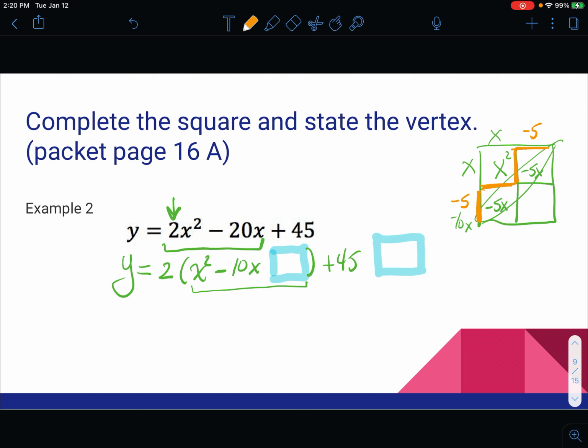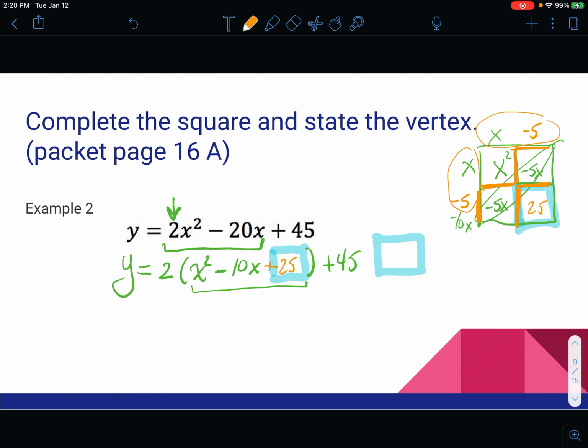Negative 5 again. These should be identical. We are creating a perfect square. So for the final part, this missing little number here: negative 5 times negative 5 is 25. And that is the number that will complete our square. So we say plus 25.